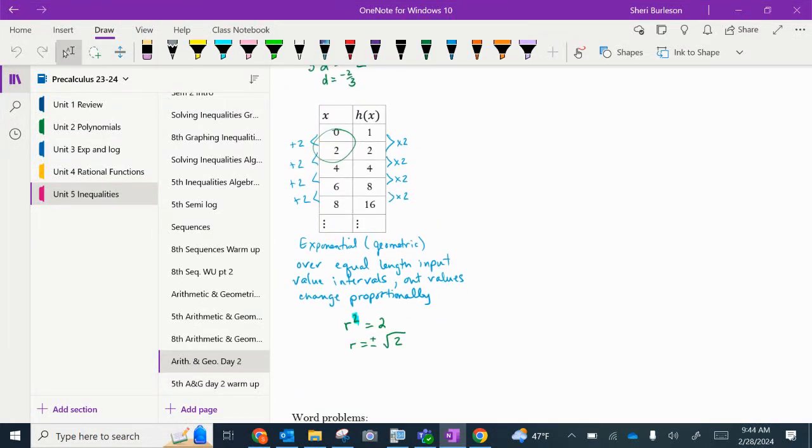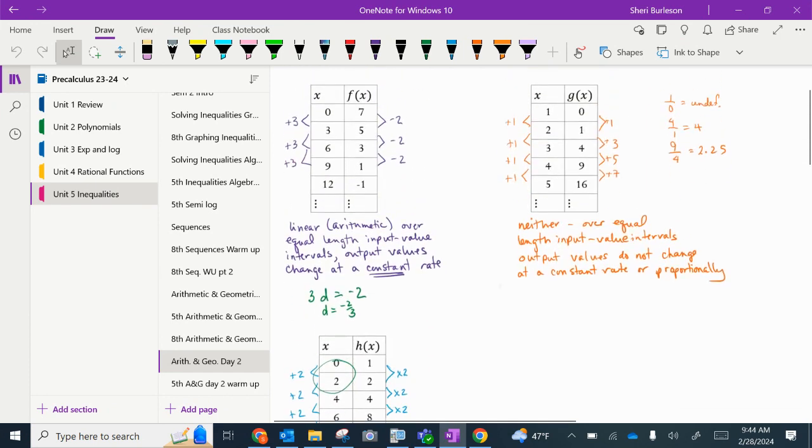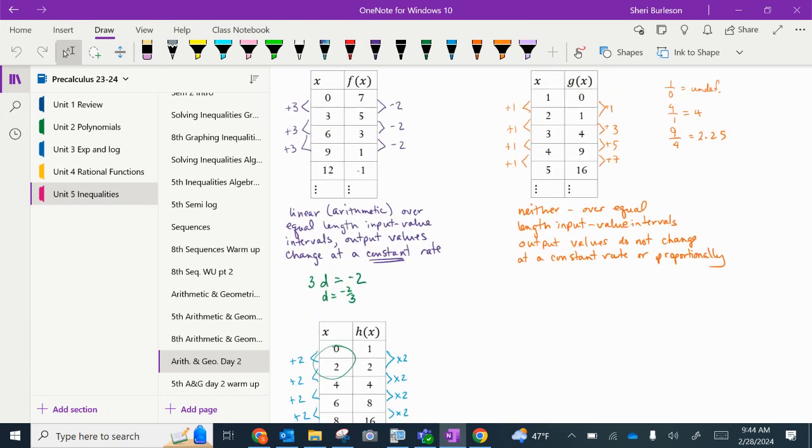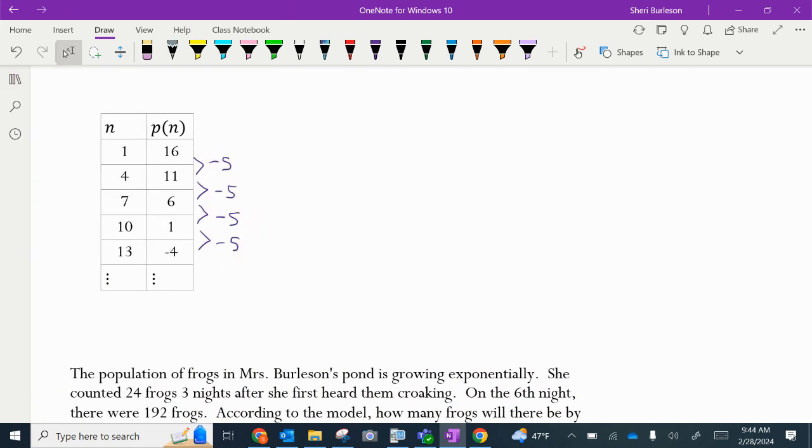Over equal length input interval values, the values change. Here we said constant, at a constant rate. If you use that language, you don't need to state the common difference. That means it's linear.